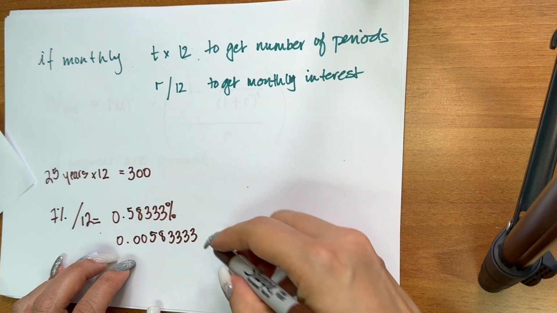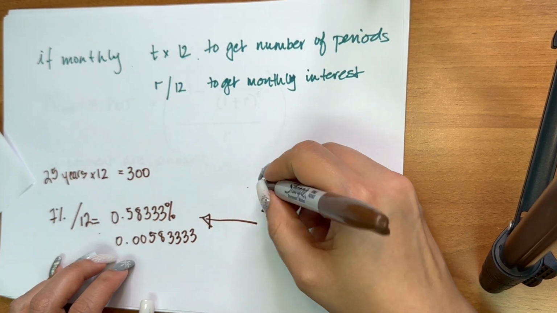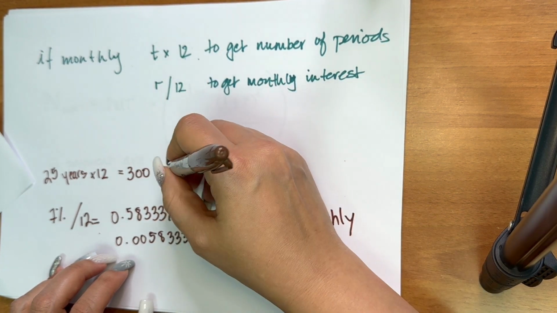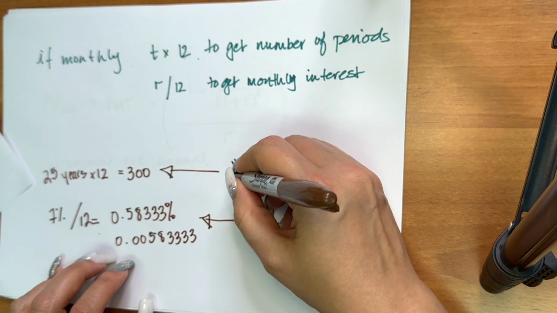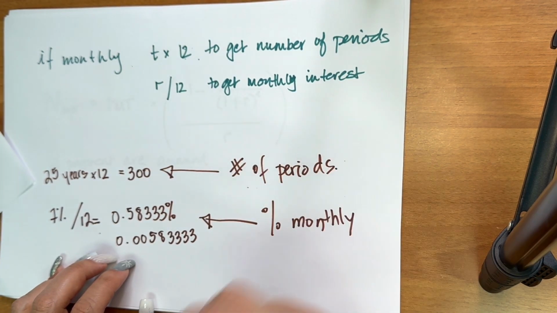So this is my interest monthly, and this is the number of periods for the loan.